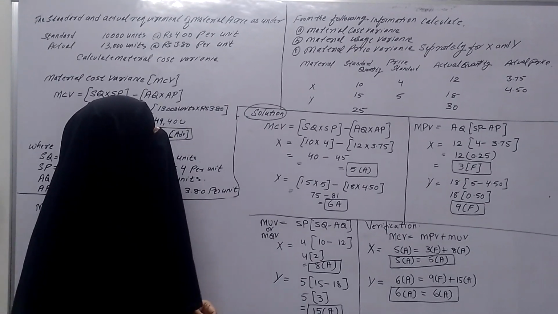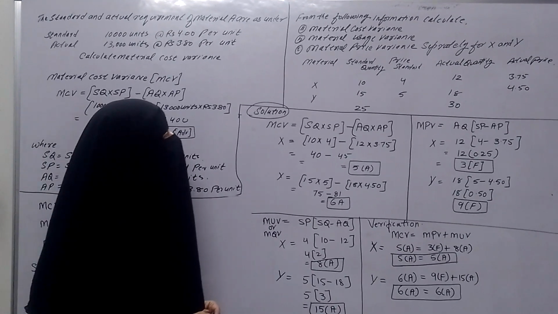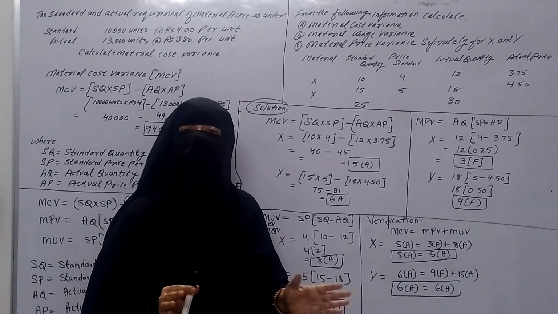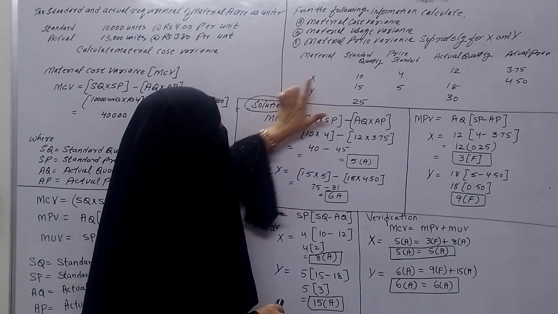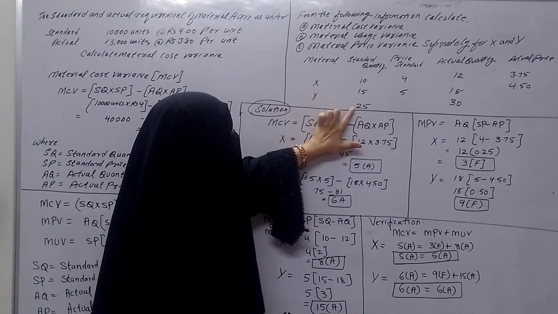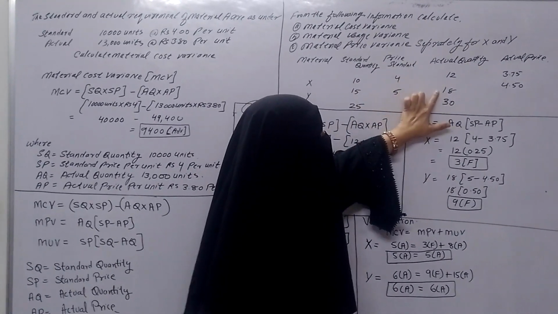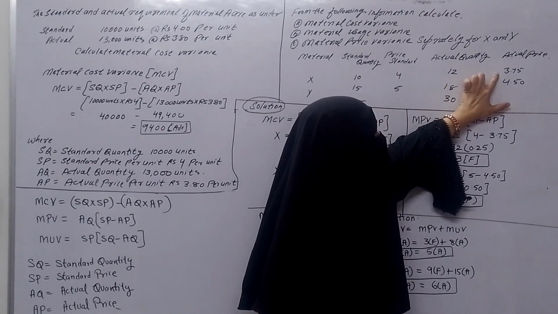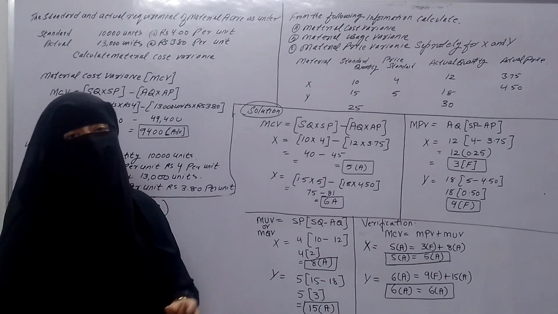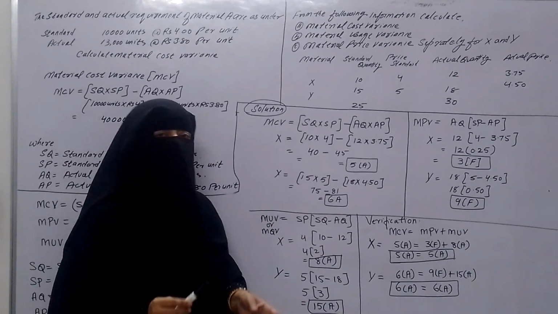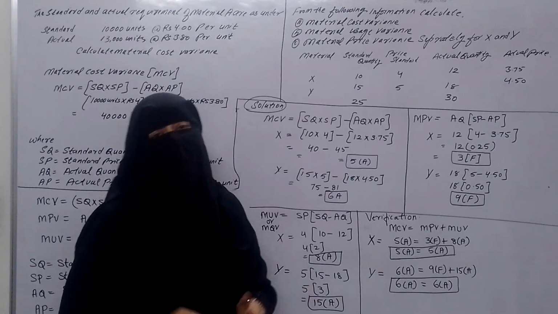From the following information calculate material cost variance, material usage variance and material price variance separately for X and Y. The information given: material X, Y; standard quantity 10, 15, total 25; standard price 4, 5; actual quantity 12, 18, total 30; actual price 3.75, 4.5. He is asking you to calculate the three variances separately for material X and material Y.